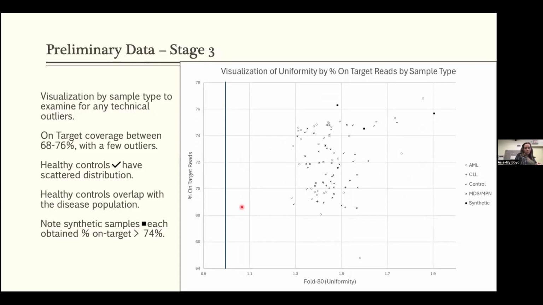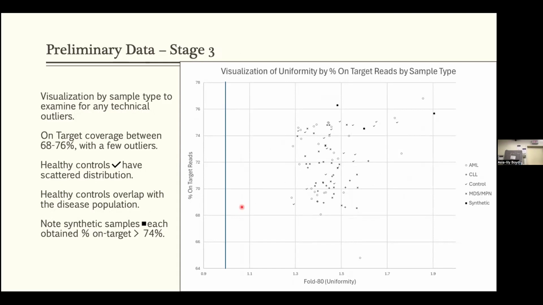Going into the next slide is a visualization of a measure of uniformity by fold 80 by % on target reads across the sample types. So this visualization was done to look if there were any technical outliers that might exist based on the disease state that the sample was from.